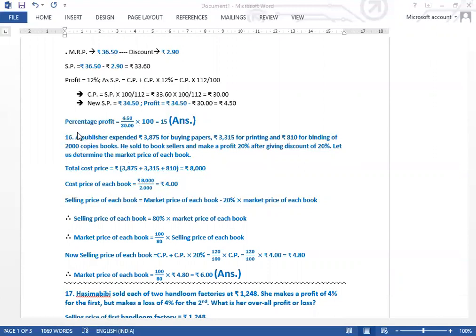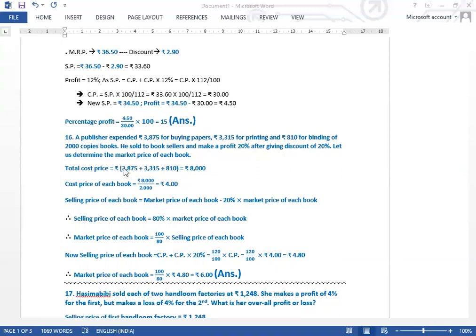That means the total thing he expended for 2,000 books. He sold to the booksellers and made a profit of 20%, 20% profit after giving the discount of 20%. Let us determine the market price, MRP, or the listed price of each book, not the total 2,000 books. That is for each book.